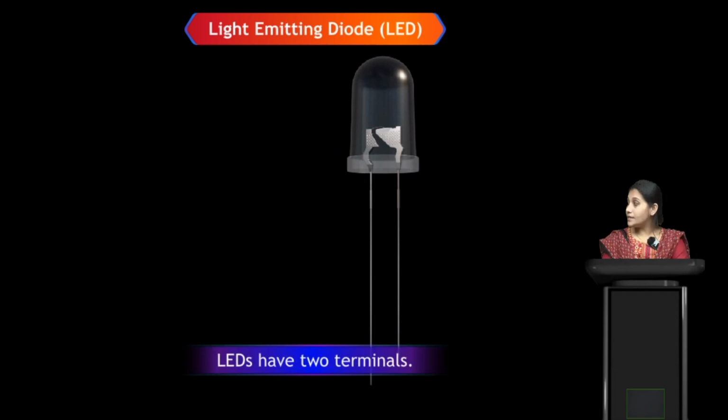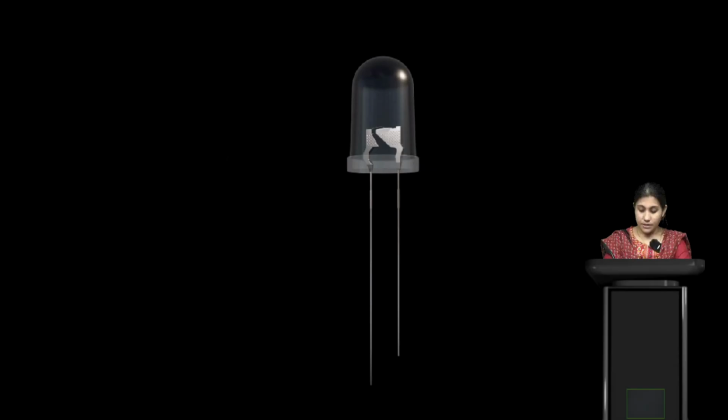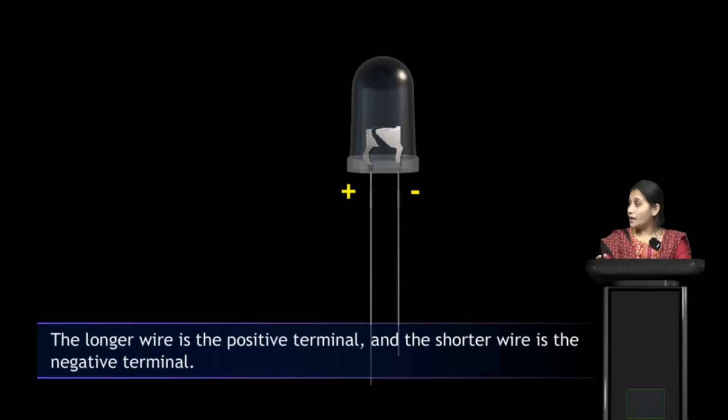LED has two terminals. This part is present in some torches, LED torches. Even LED lights have two terminals, one positive terminal and the other negative terminal. The longer wire of the LED bulb is considered the positive terminal and the shorter wire we consider the negative terminal.